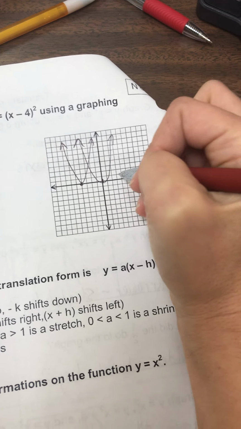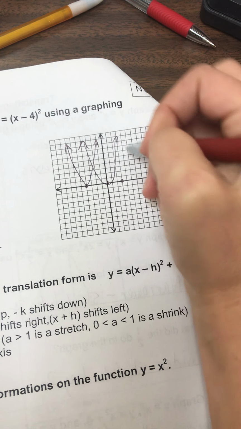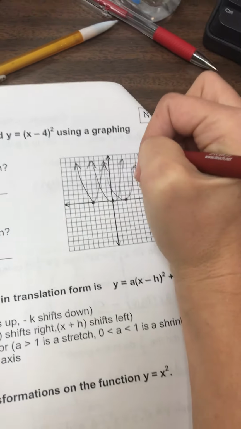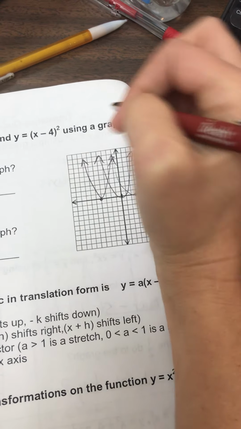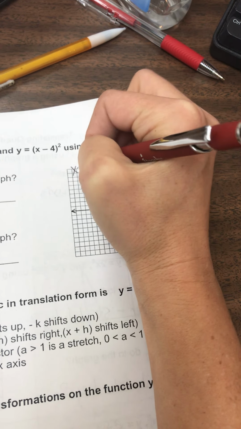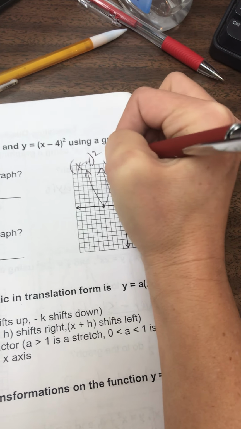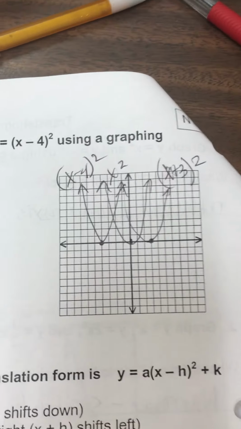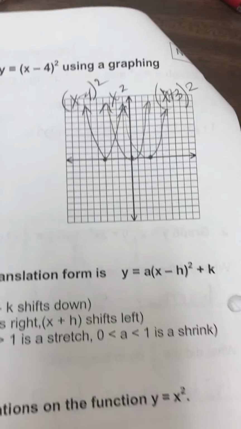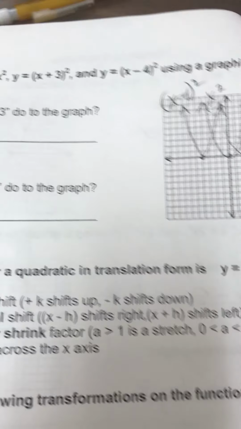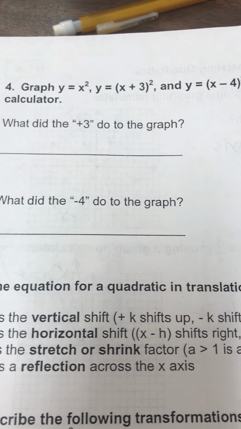And then what did we say? Plus 3. 1, 2, 3. So this is the x plus 3. This is the x minus 4. And this one in the middle is your x squared. Okay? So that's basically me just quickly sketching it. But now it's saying, what did the plus 3 do?